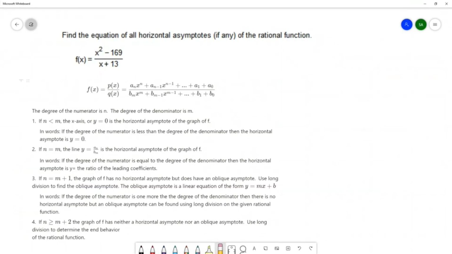On this question, we want to find the equation of all horizontal asymptotes of the rational function. And the rational function we have is f of x equals x squared minus 169 over x plus 13. Now, in this example, we're going to be finding the horizontal asymptotes in an algebra class.